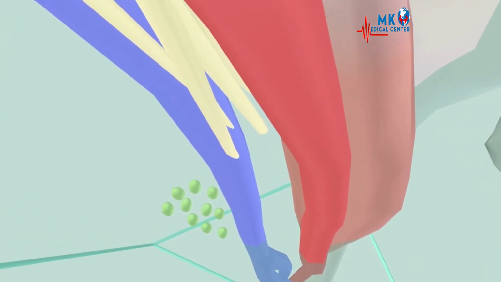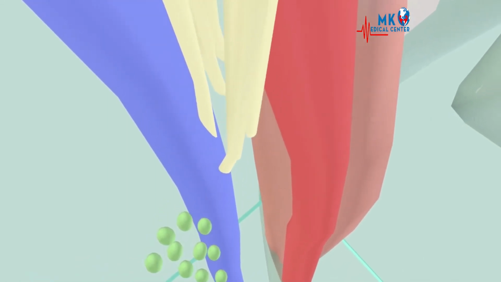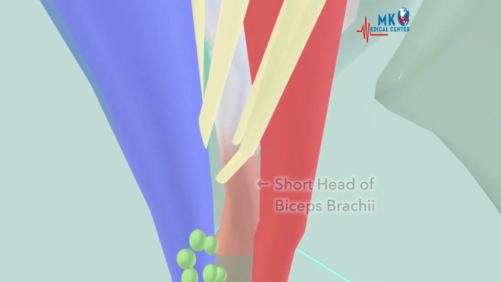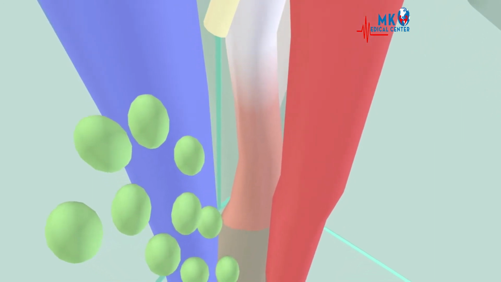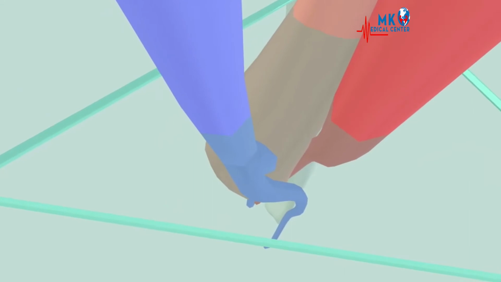We see schematic versions of the contents around us, as well as coracobrachialis and the short head of biceps brachii. If we look inferiorly, we see the opening that allows the vessel's further passage through the arm.